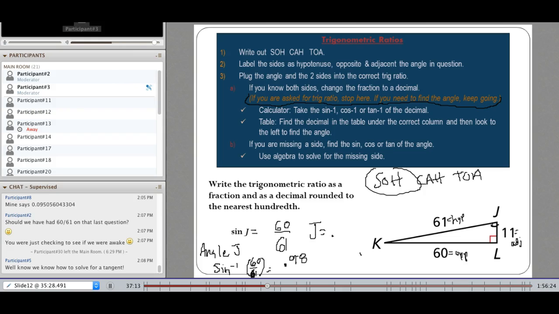So now let's see what it actually would be. If we want to know what angle J is, then you do the inverse sine function of 60 over 61.